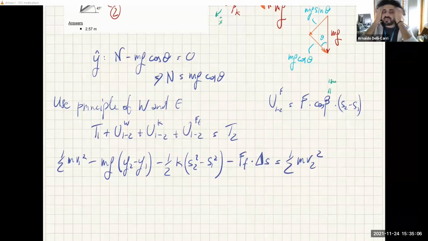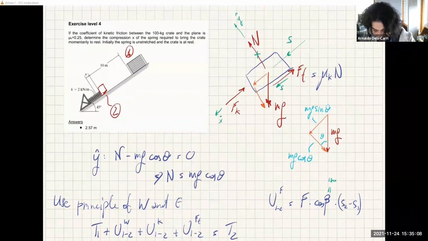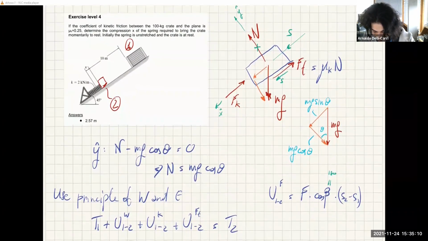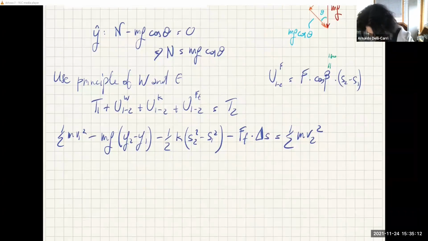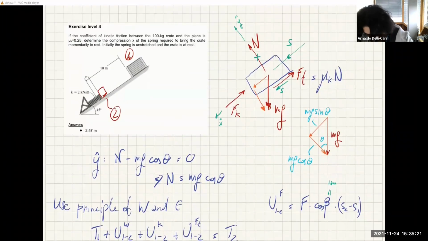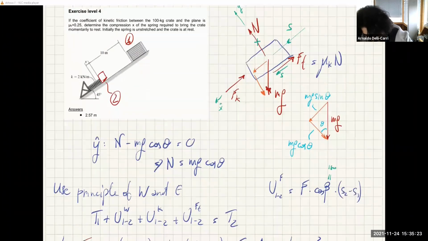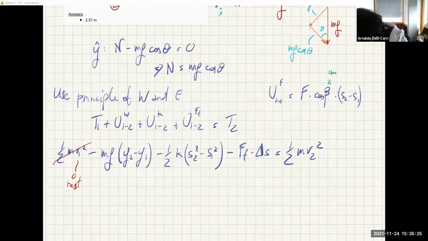Now, what do we know about these? Well, we know that initially the spring is unstretched and the crate is at rest. So this is 0 because the crate is at rest. And of course, we also know that at V2, the crate is also at rest. So this is also 0.